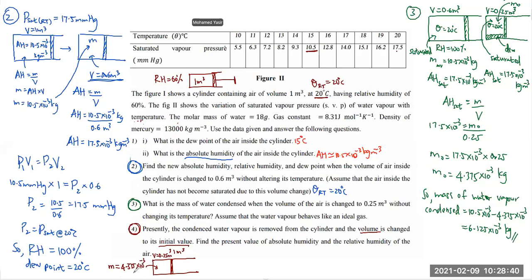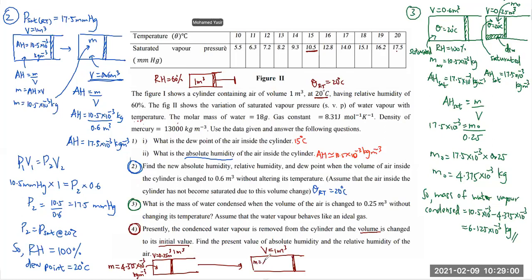The water is removed, and then you are changing the volume to its initial value. So what is the initial value now? That is 1 meter cube. So the volume is increased, and now the volume is 1 meter cube. And the mass of water vapor inside the system is still the same value.